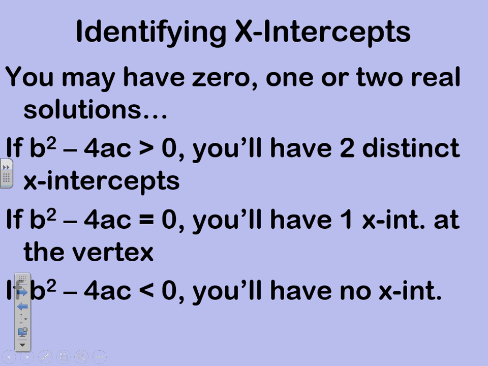If the discriminant is greater than 0, we have two distinct numbers, meaning it crosses the x-axis at two different places. If the discriminant is equal to 0, it's going to touch the x-axis at one place. And if the discriminant is less than 0, that means we have an imaginary solution, meaning it doesn't touch the x-axis at all.